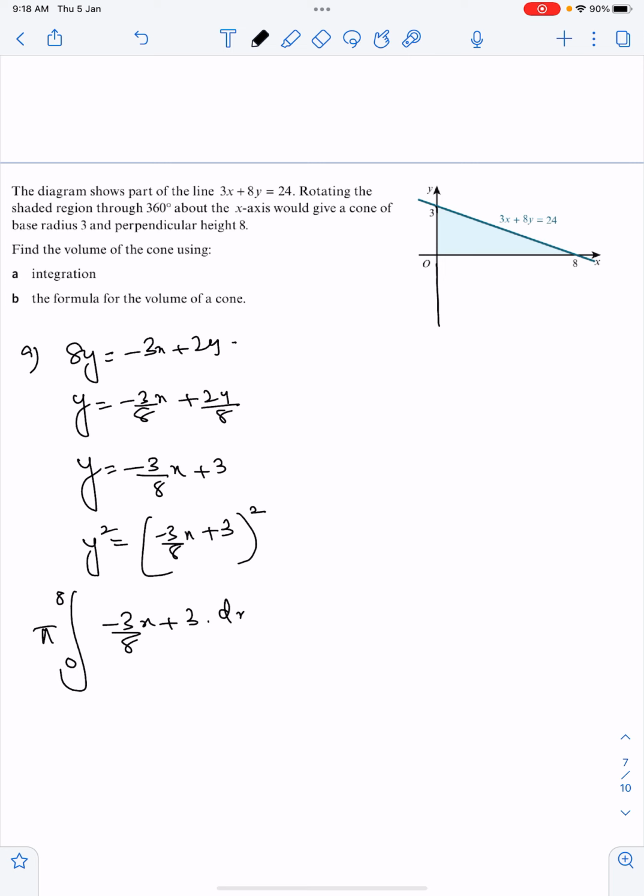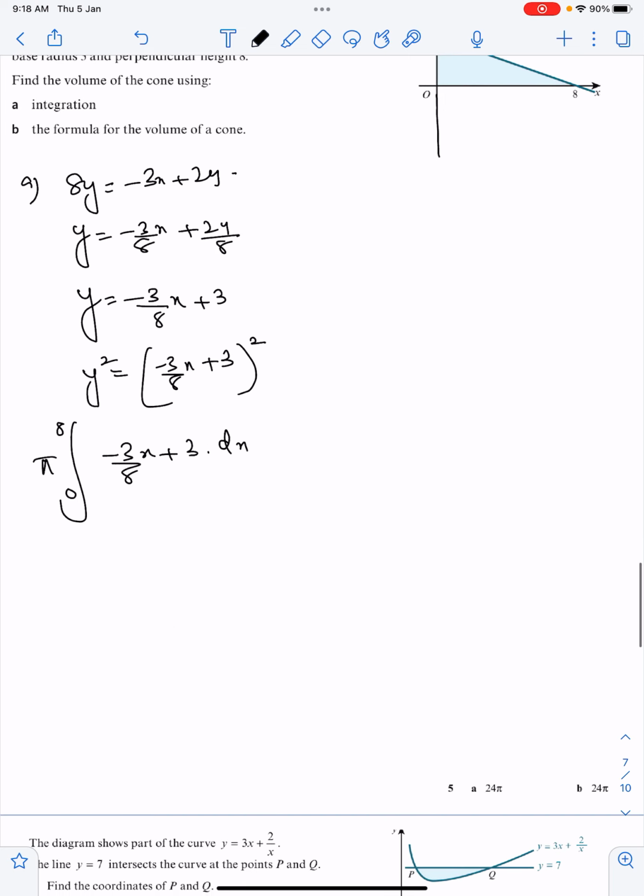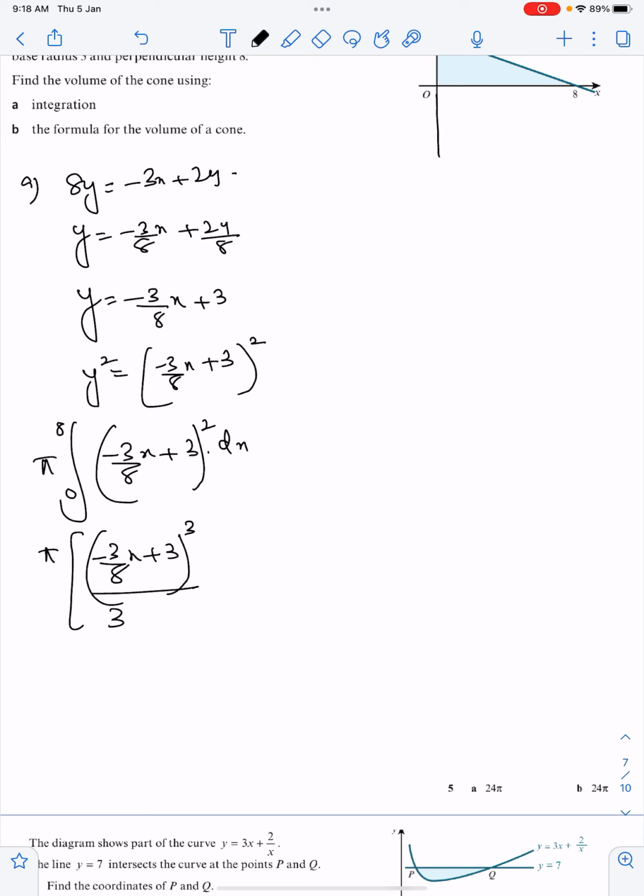Okay, let's start with the integration process. So, pi here, negative 3 upon 8 x plus 3, 2 plus 1 is 3, divided by 3, and then multiplying, I differentiate the bracket and write it here. When I differentiate the bracket, I am going to get minus 3 upon 8 here.